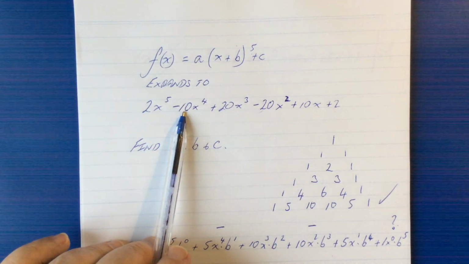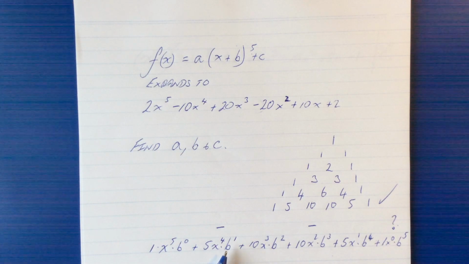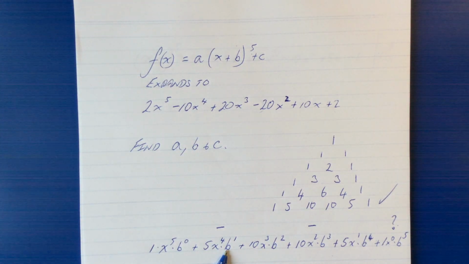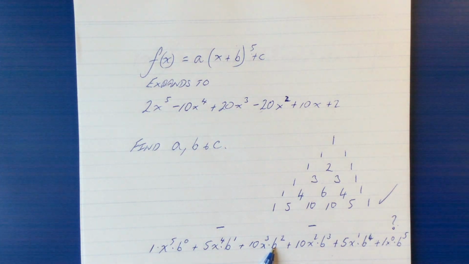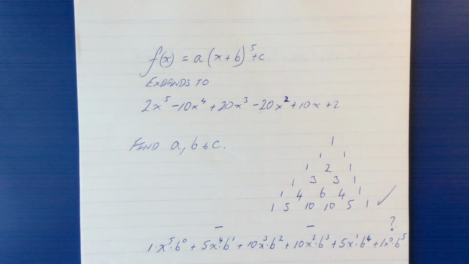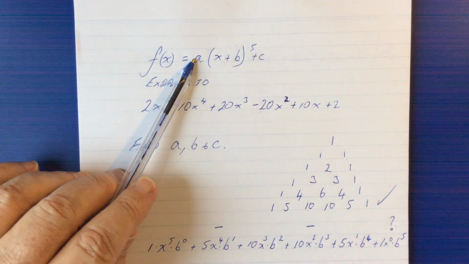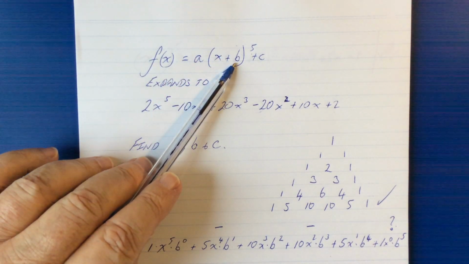Well, it's because in this position, b is raised to the power of 1. And here, where it's positive, b is raised to the power of 2. So, my hypothesis as it stands is that this is 2 and this is negative.